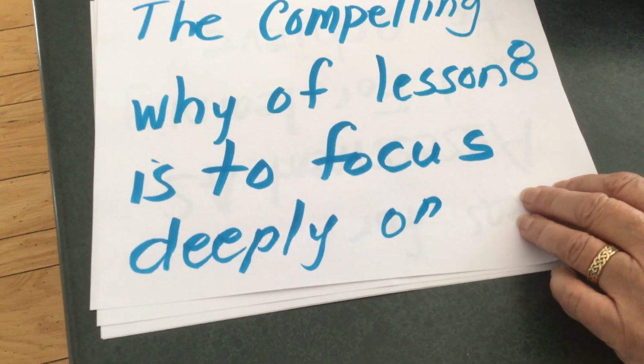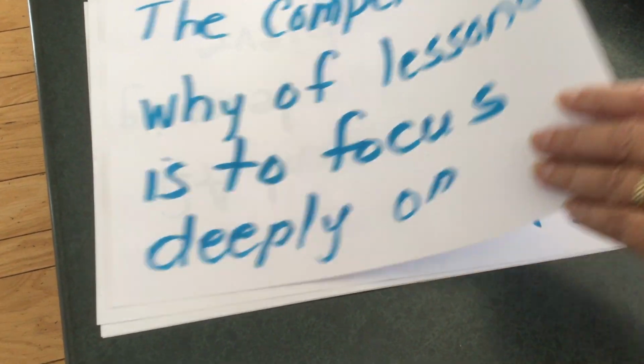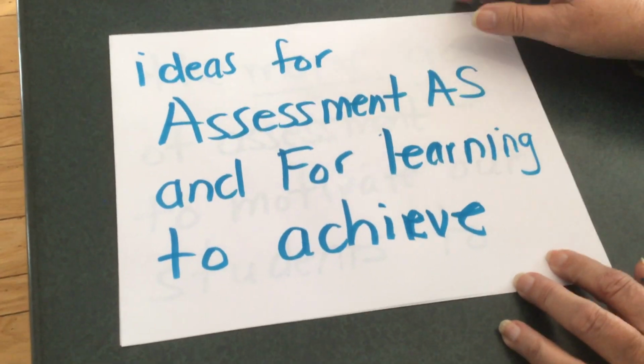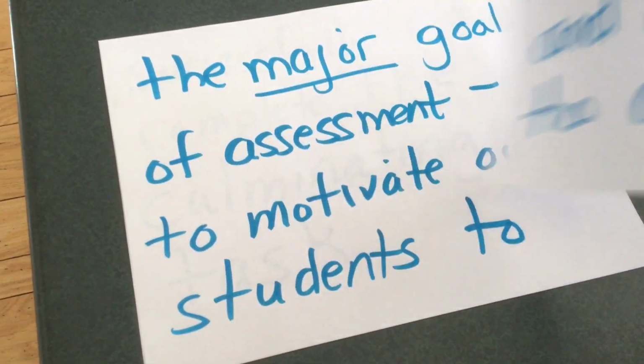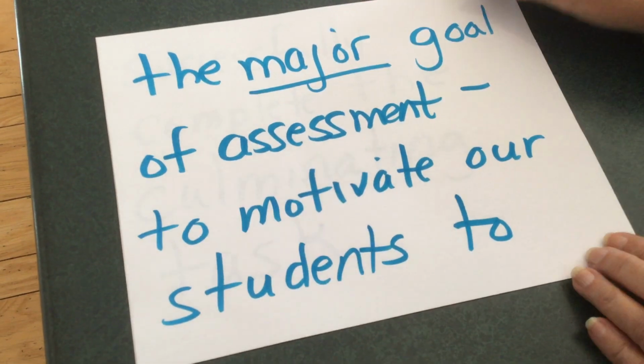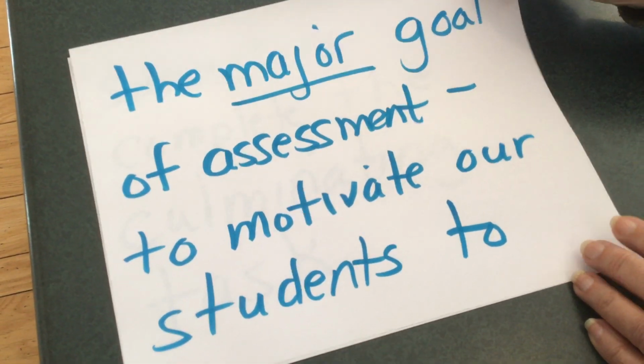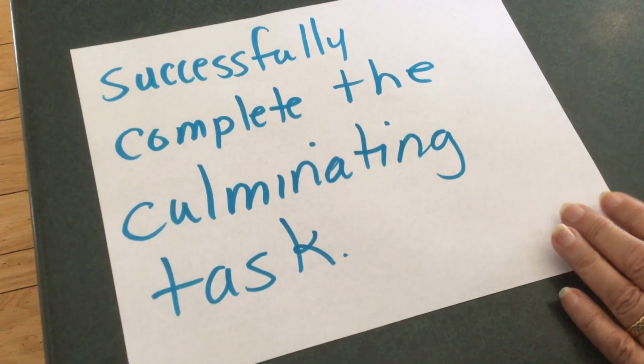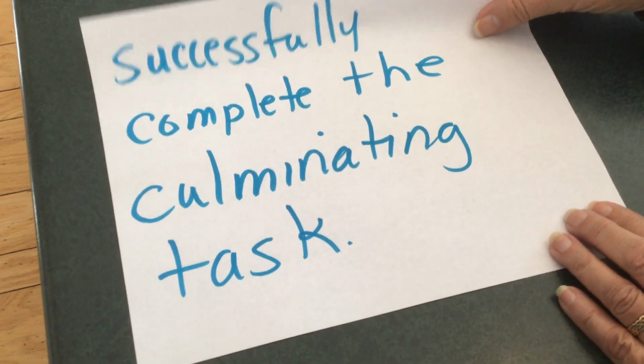What we want to do in lesson 8 is focus deeply on ideas for assessment as and for learning to achieve the major goal of assessment, which is to motivate our students to successfully complete the culminating task.